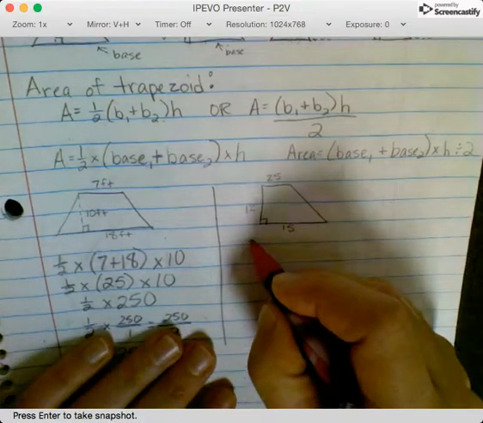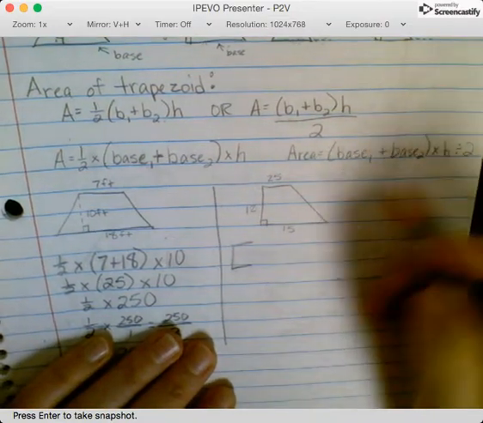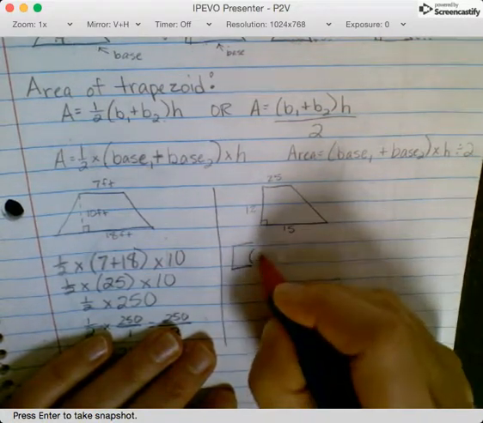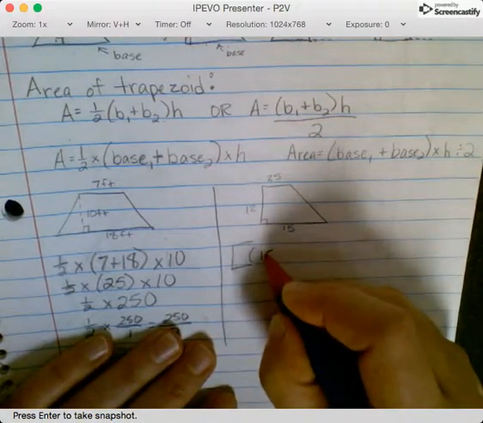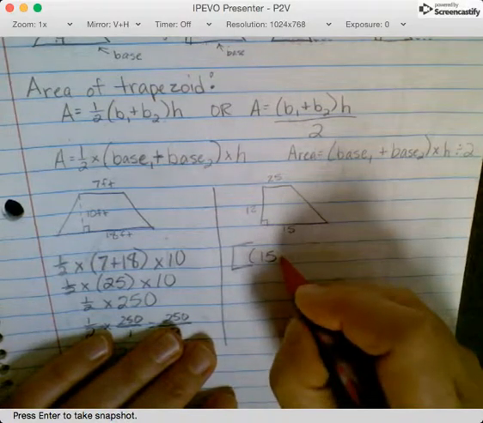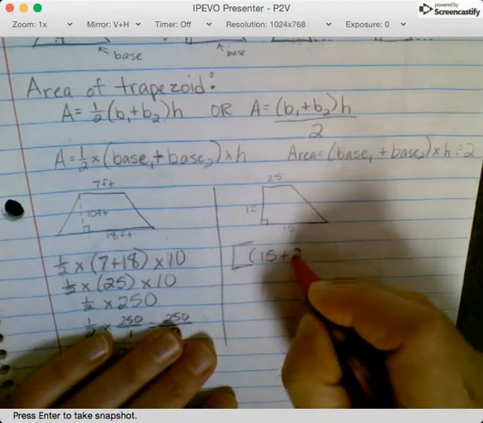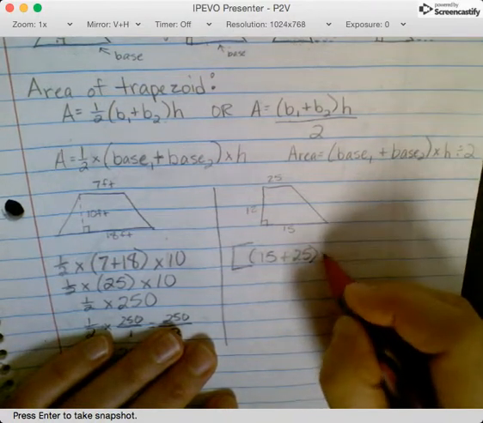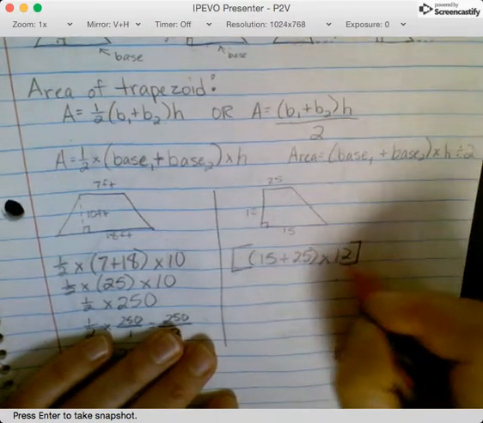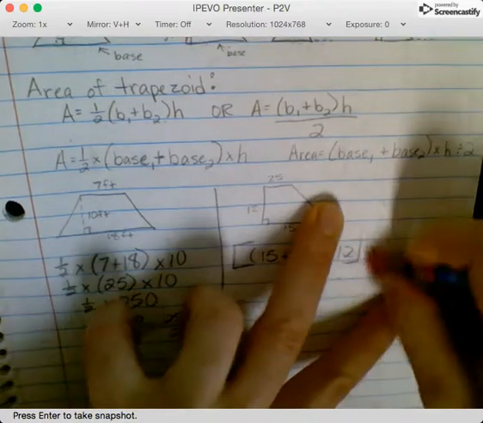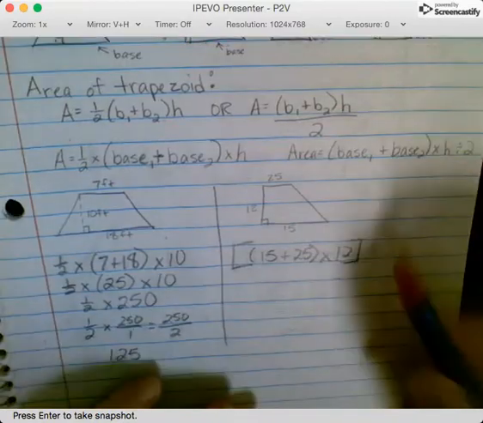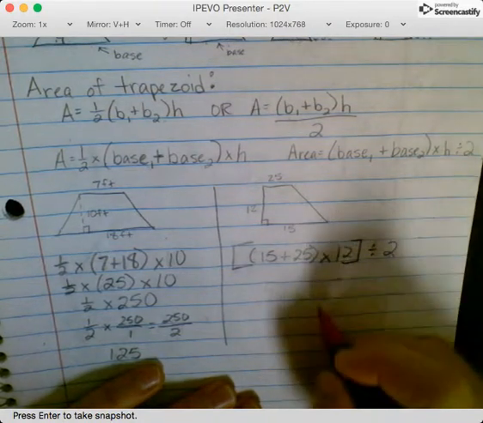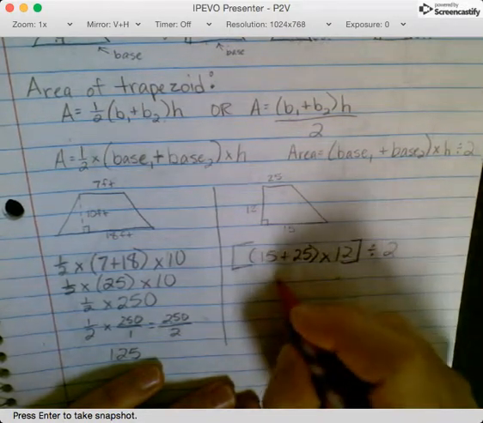The other one, I'm just going to write it this way, and I'm going to put a couple of pairs of parentheses around it. So base 1 plus base 2, 15 plus 25, or 25 plus 15, times height, so that's times 12, and then I divide that answer by 2. So then 15 plus 25 is 40.